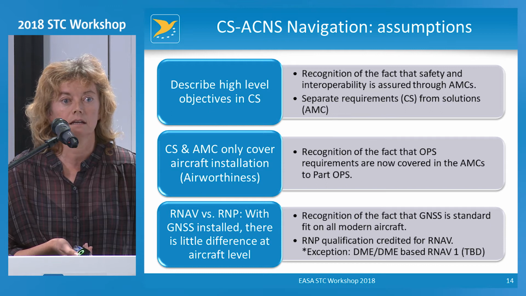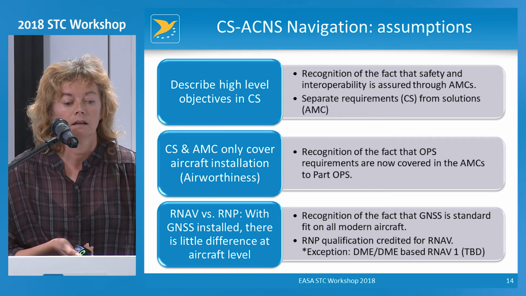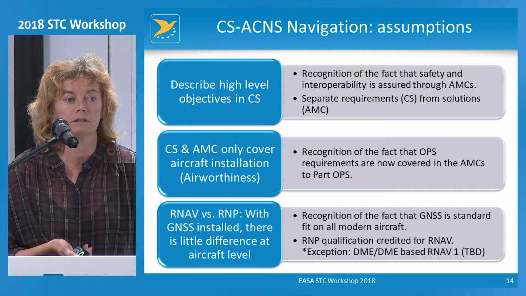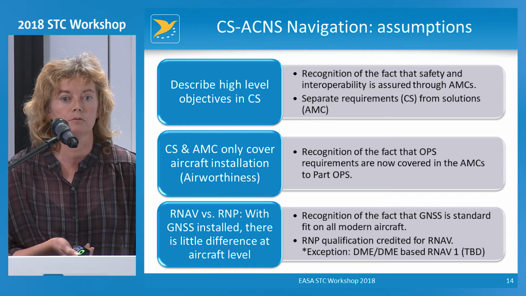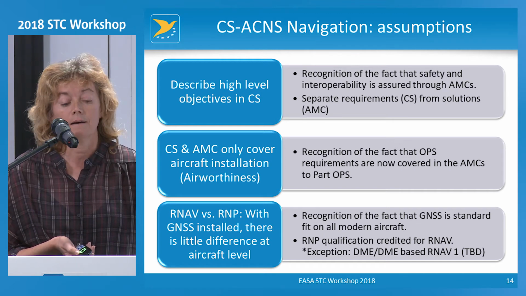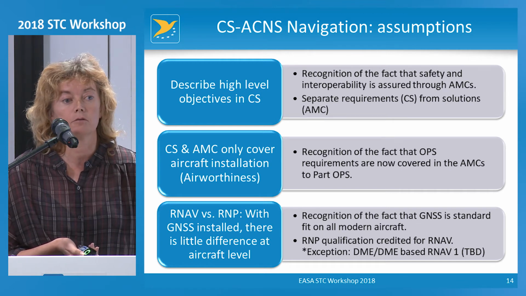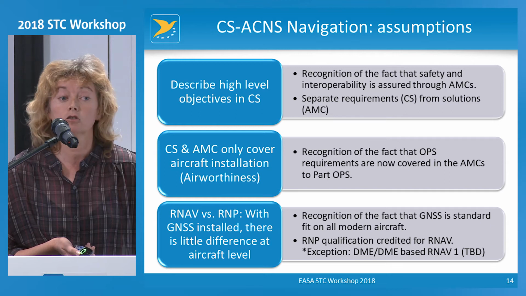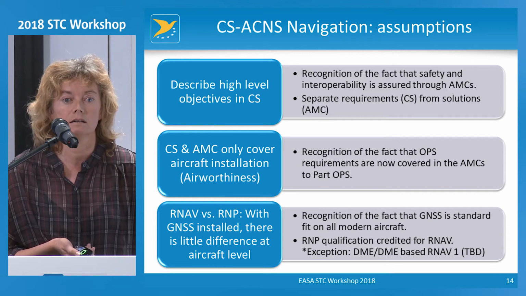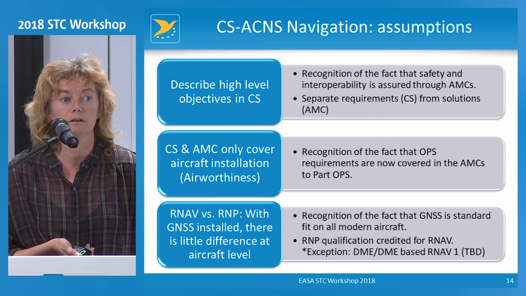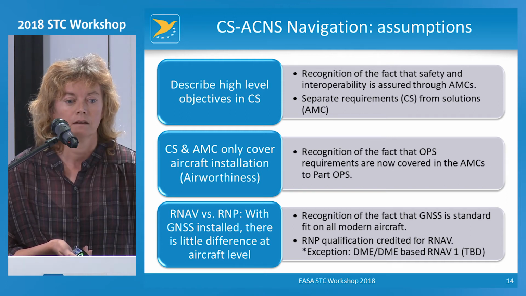So the CS ACNS has been written to recognize that GNSS is basically what is being used by most of the aircraft today to achieve RNP or AirNav. The only possible exception could be to use DME based on AirNav1, but this is not covered today in the CS ACNS, so it will be built up in the future if considered necessary.